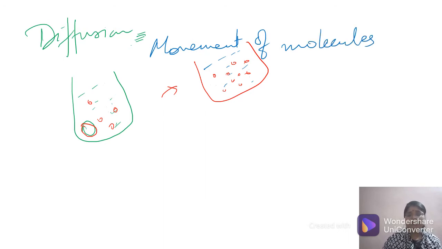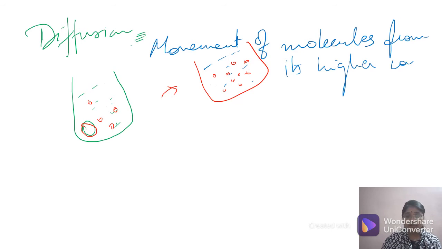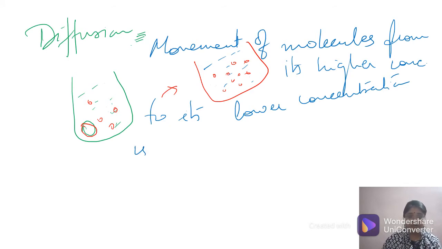And remember, this movement of molecules is quite random. So movement of molecules from its higher concentration to its lower concentration is called diffusion.